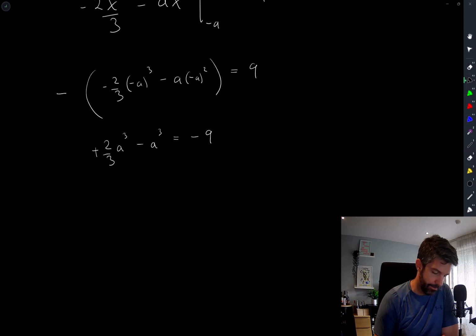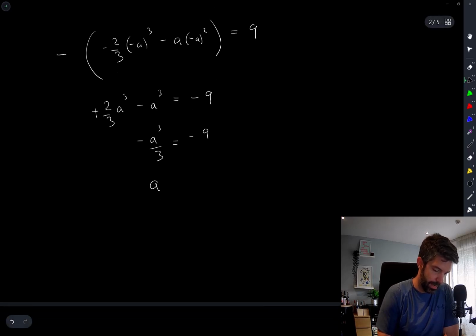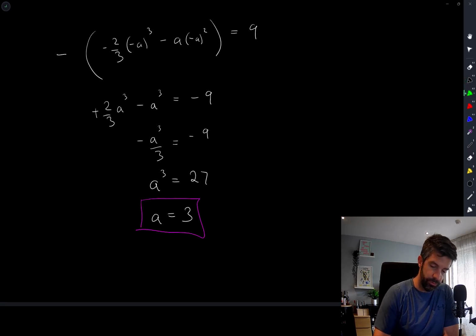And I have negative a cubed over 3 is equal to negative 9. So a cubed is equal to 27, and a is equal to 3. That's when we assumed that a is positive.